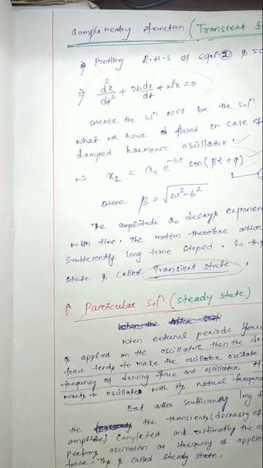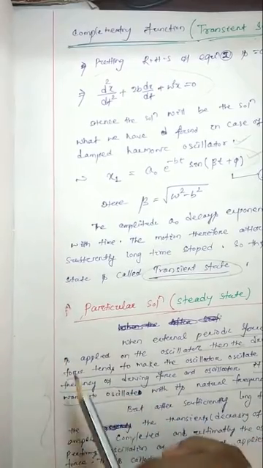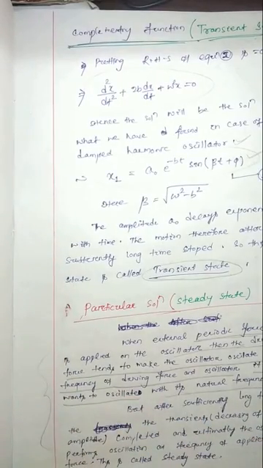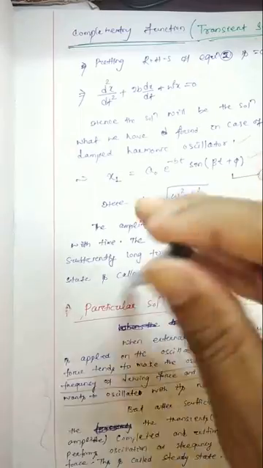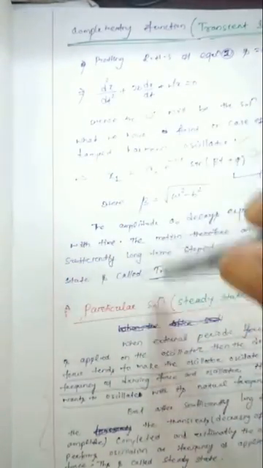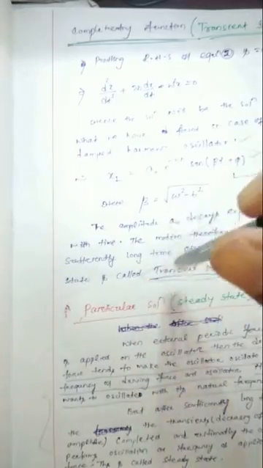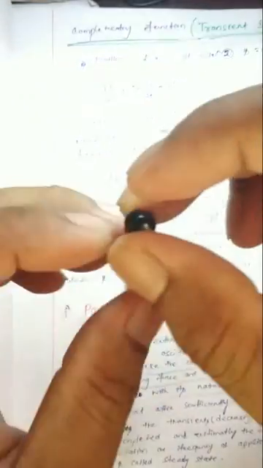That means, as I explained in the last class, suppose one oscillator is oscillating and after some time it stops. That means it is a damped harmonic oscillator. But if I give a continuous force, then it will oscillate continuously with the applied force frequency.